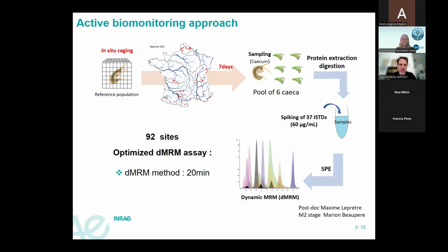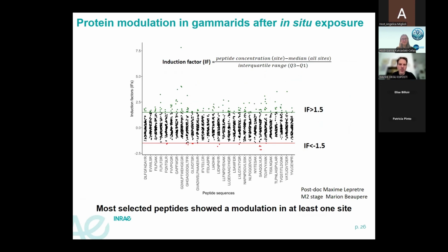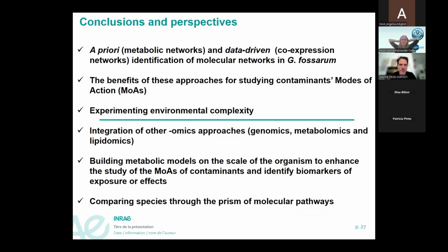Here 92 sites were tested, and we show that most of these peptides show an upregulation or a downregulation in at least one site. So that is somehow promising to identify protein biomarkers that can be used to investigate the effect of real mixtures in these organisms.